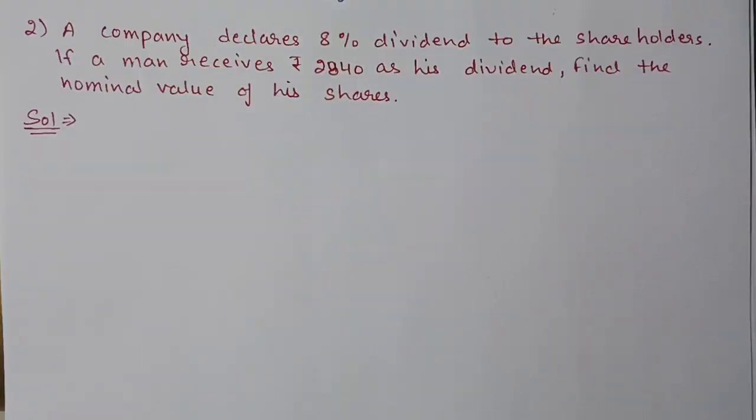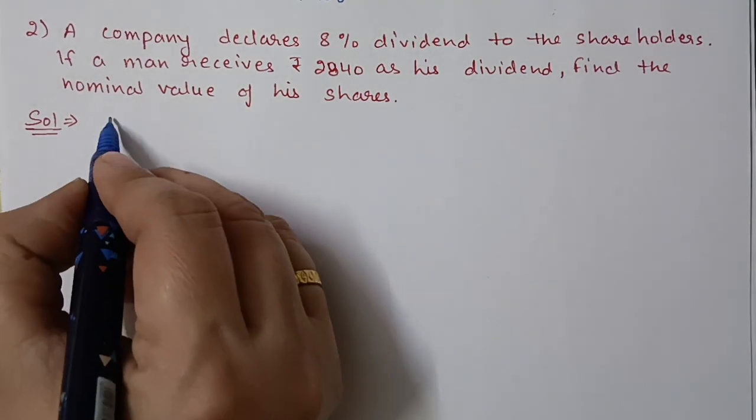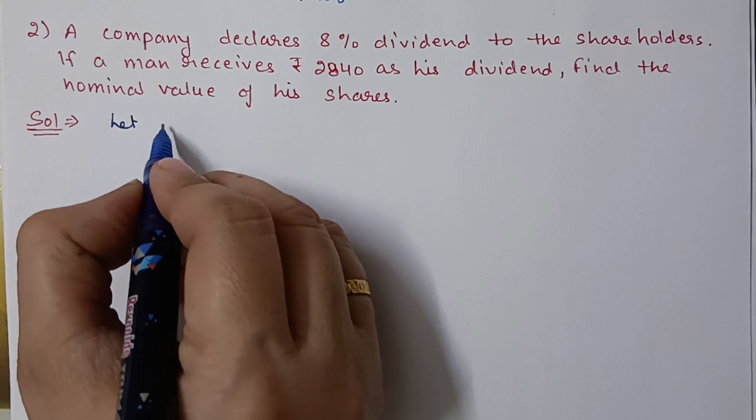Second question. A company declares 8% dividend to the shareholder. If a man received 2,840 rupees as his dividend, find the nominal value of his shares. So here we can take, let the nominal value of his shares be equal to x rupees.